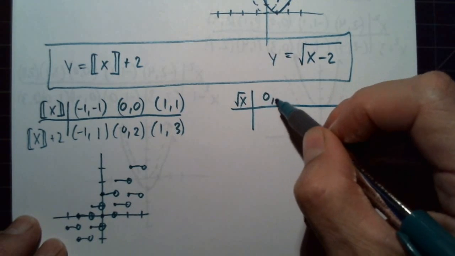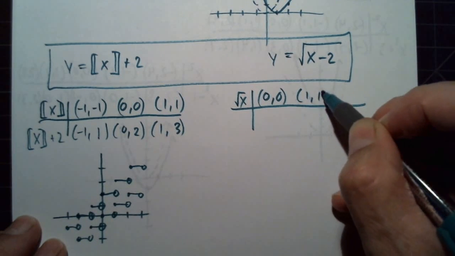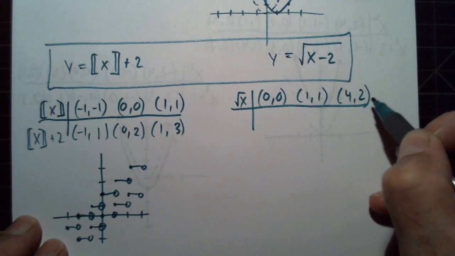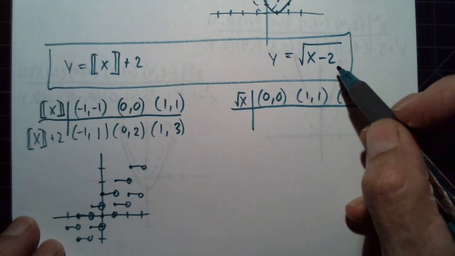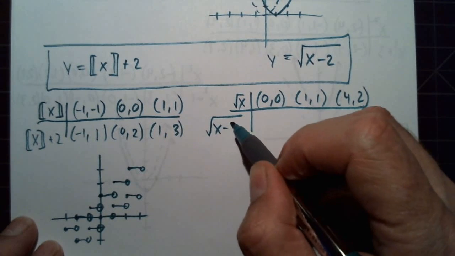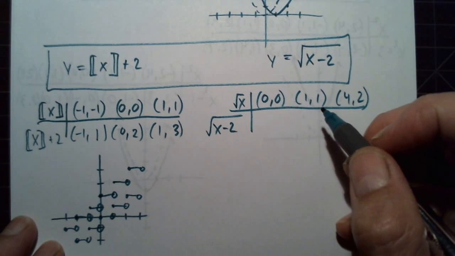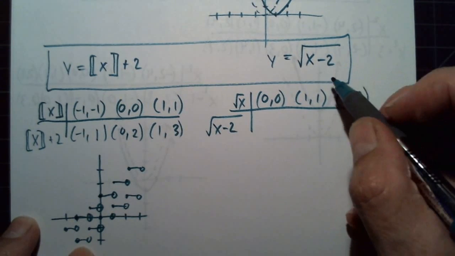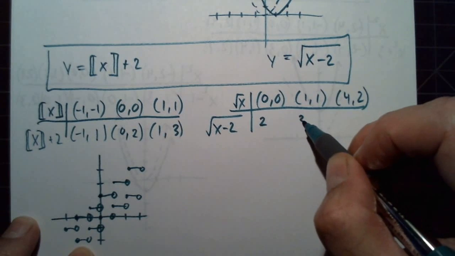So we know radical x has these points. And then we see 2 is inside with the x. That's a horizontal change. But we have to remember that when it says subtraction, we're going to add to the x values.